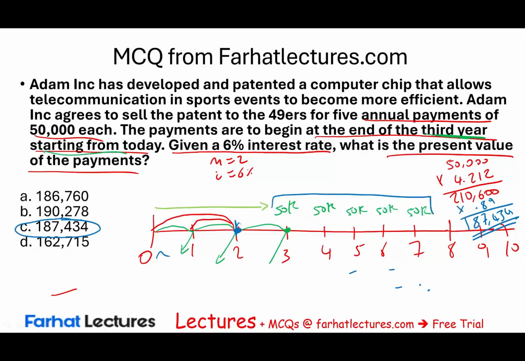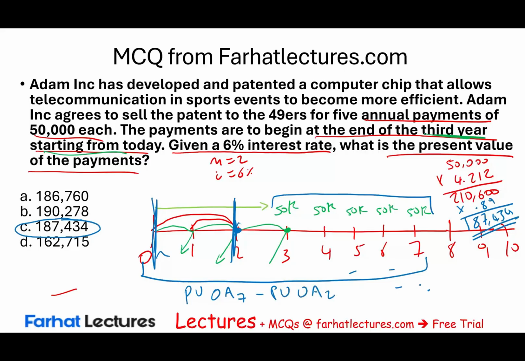So what you will do is you would treat this as an annuity of 7 periods minus the annuity where you don't get the payment. Therefore, the present value of the ordinary annuity of 7 minus the present value of the ordinary annuity of 2, which is the 2 periods that you don't have any payments.